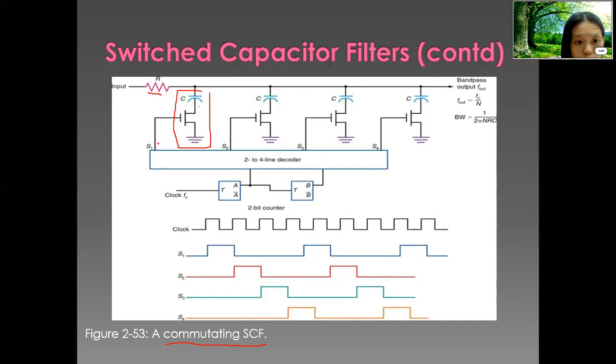Each switch 1 indicates the signal for number 1, switch 2 indicates S2 here, switch 3 indicates S3 here, and switch 4 indicates here. And this one is actually a band pass filter. So we will have an output frequency equal to Fc divided by N, and the bandwidth equal to 1 over 2 pi N RC. And here is the number N of your RC.